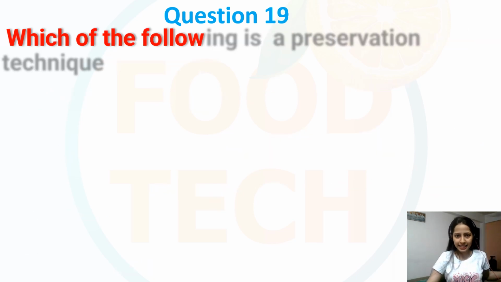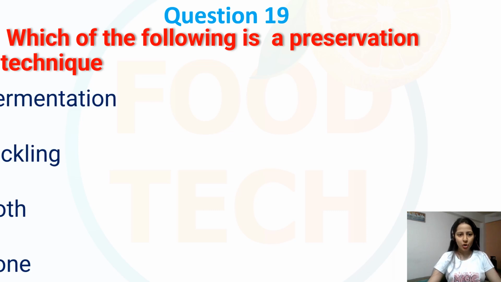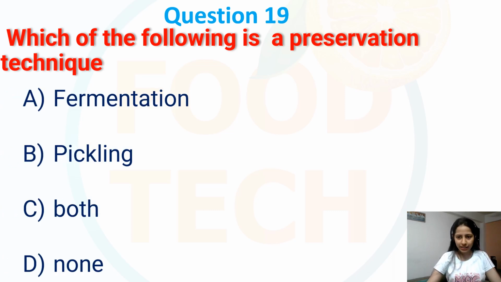Next, question number 19. Which of the following is a preservation technique? The options are fermentation, pickling, both, or none. The correct option is C, both. We know what fermentation is. Fermentation involves the use of microorganisms, which produce a change in the food product, like converting sugars into acids and alcohols, which preserves the food from getting spoiled.